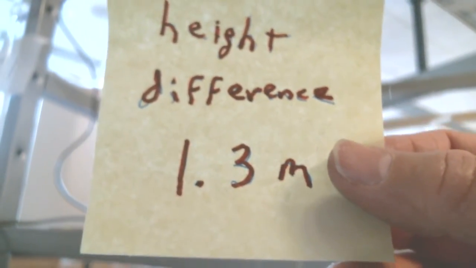And there is a height difference. That height difference is about 1.3 meters. So, lower pressure at the top, higher pressure at the bottom.